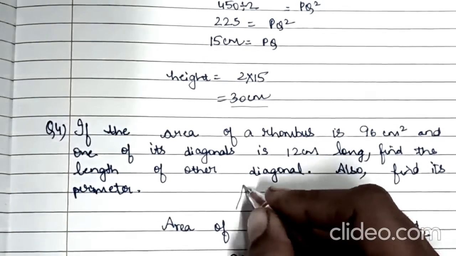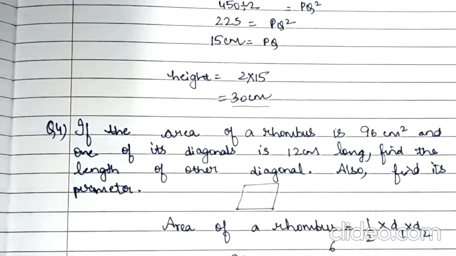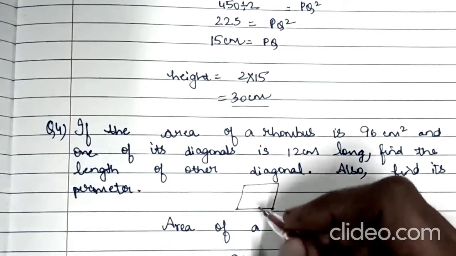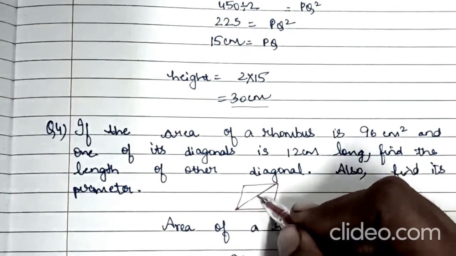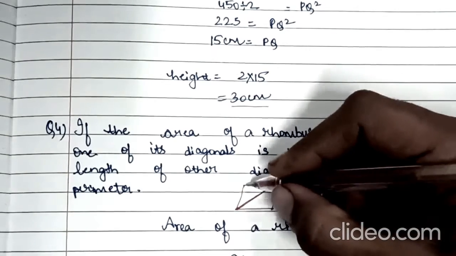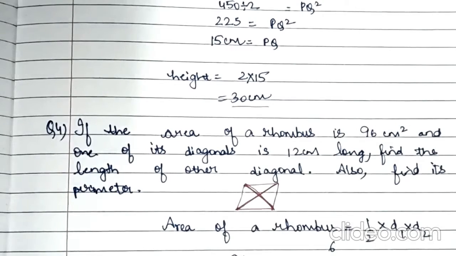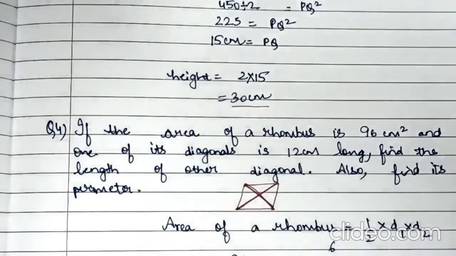Now we have been given a rhombus whose area we have given. One of the diagonals is given to you, that is 12 centimeter. We have to find the length of the other diagonal. Also we have to find the perimeter of the rhombus.